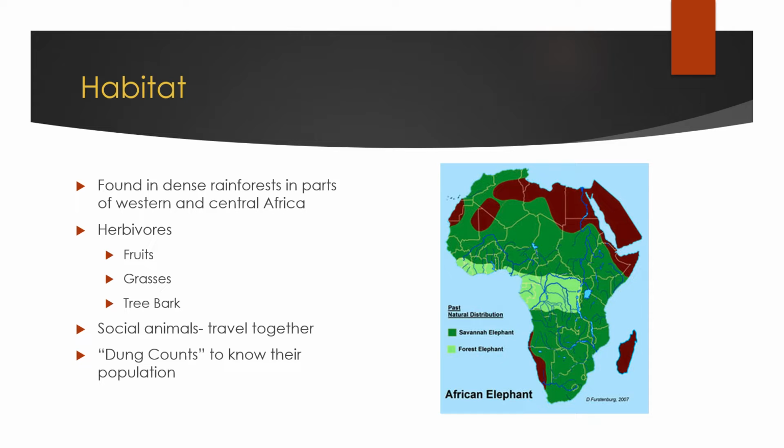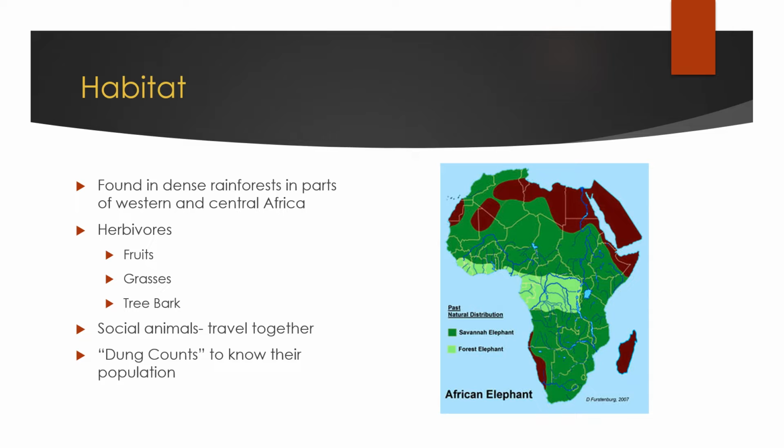Both of them are elephants from Africa. The difference is that one is mainly found in the savanna parts of Africa, and my specific organism is found in the dense rainforest parts of Western and Central Africa. On the map to the right, that is all of the light green parts.